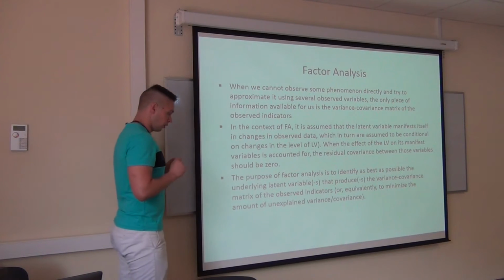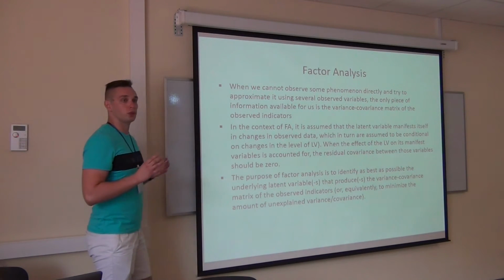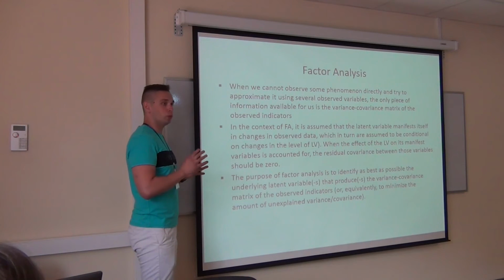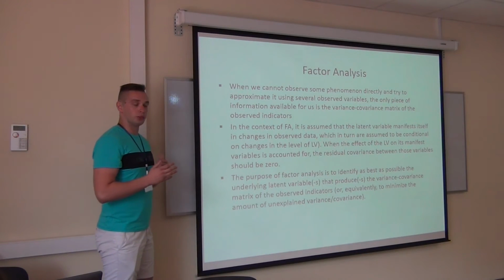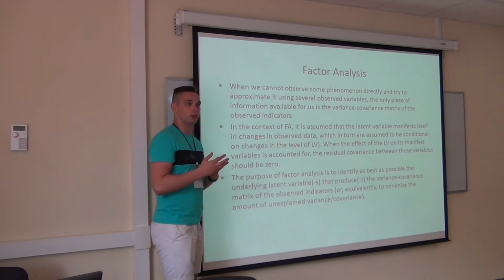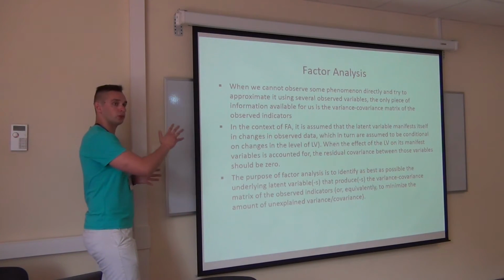So, what kind of statistical information can we use when we deal with some observable or latent variables? The only available piece of information is the so-called variance-covariance matrix between relevant indicators, which we assume to be related to the latent variable.